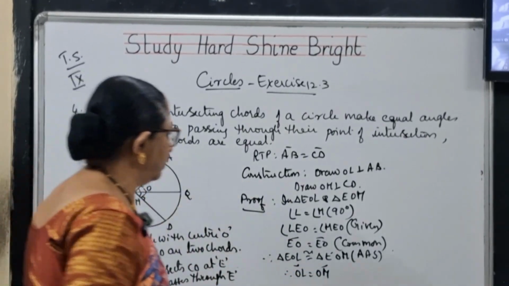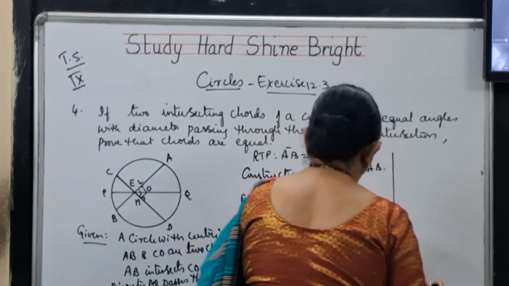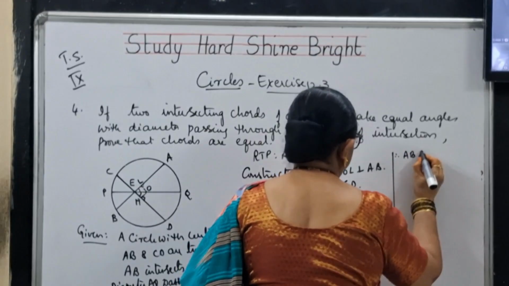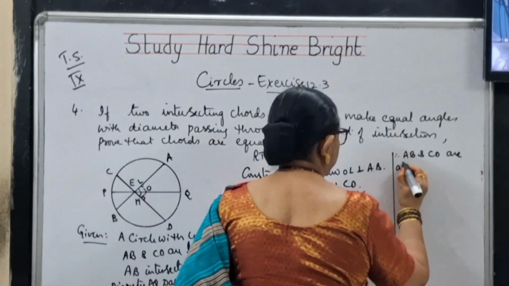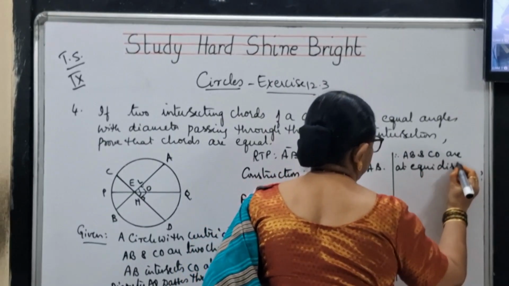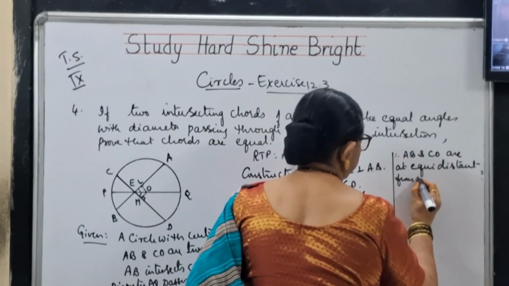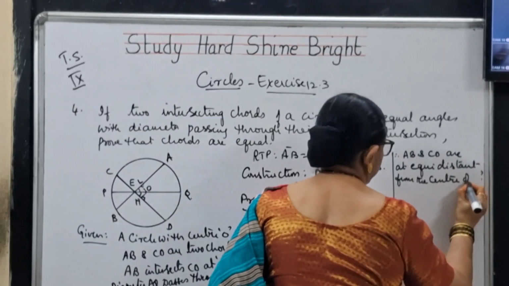What are we understanding with this? When we say the perpendiculars are equal, we can say that AB and CD are equidistant from the center of the circle.